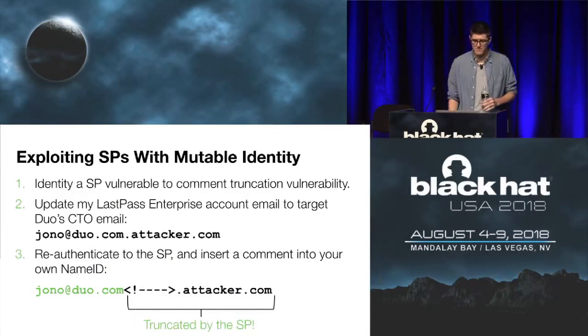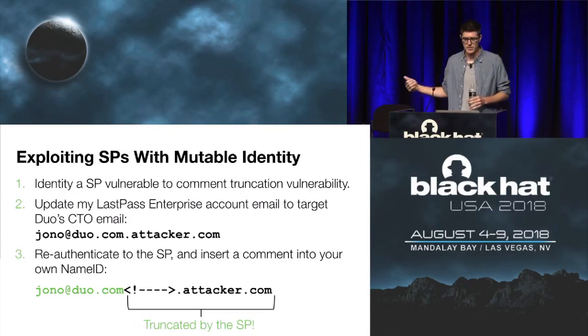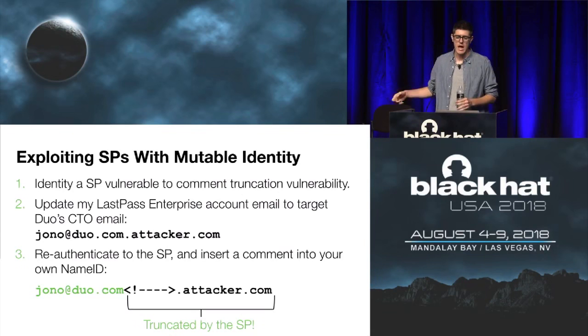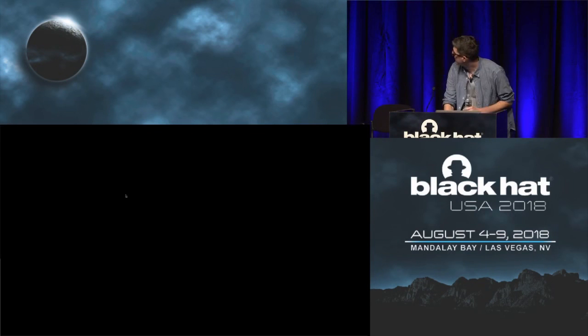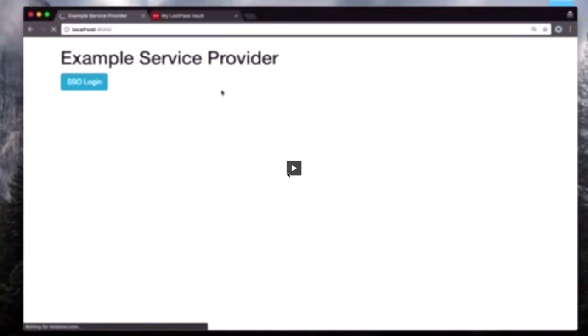as my target user. I've actually recorded a demo of this exploit workflow using LastPass Enterprise SSO and a demo SAML service provider that is vulnerable to the comment truncation vulnerability. This first video demonstrates LastPass's SSO workflow, as well as the demo vulnerable service provider, which just logs who I've authenticated as.